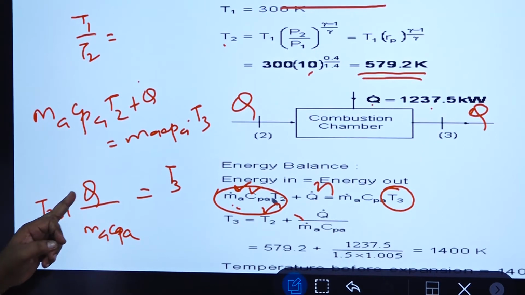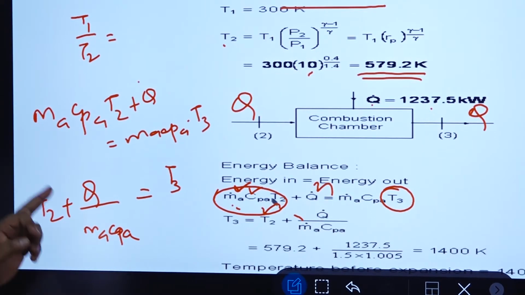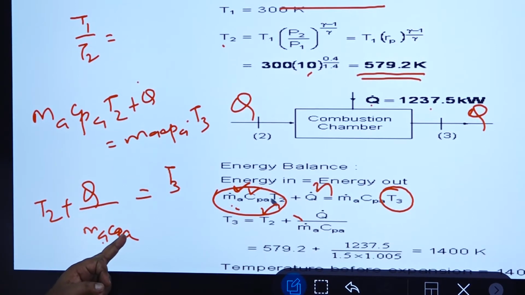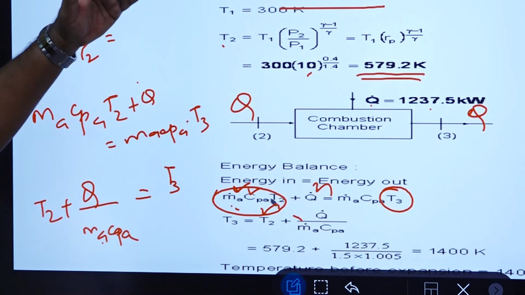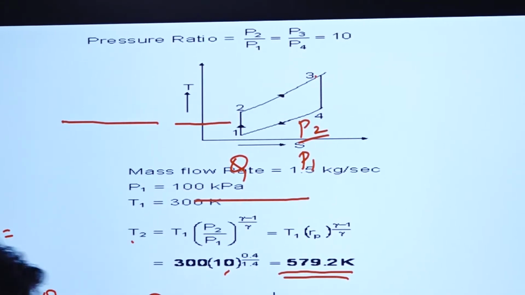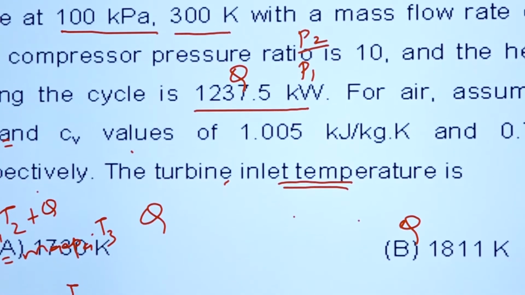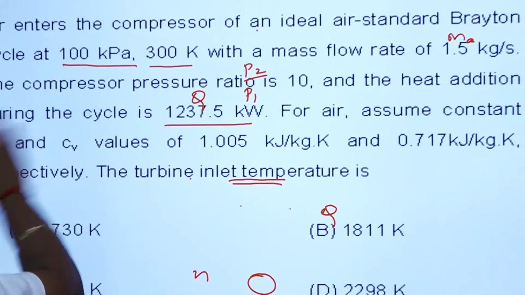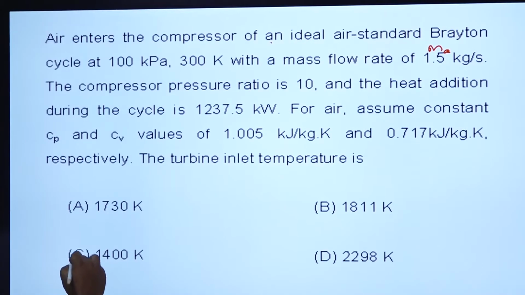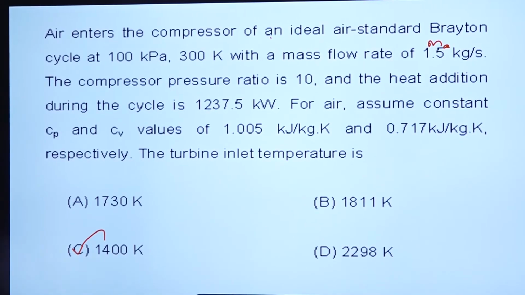You know the value of T2, you know the value of Q that is given in the problem, and m_a is known to you, and Cp_a is also known to you. So the only unknown is T3, so that can be found out. The temperature before expansion, or the temperature at the inlet of the turbine, is around 1400 Kelvin. So you can look at the choices, and you can see that it is 1400 Kelvin. So the answer is C.